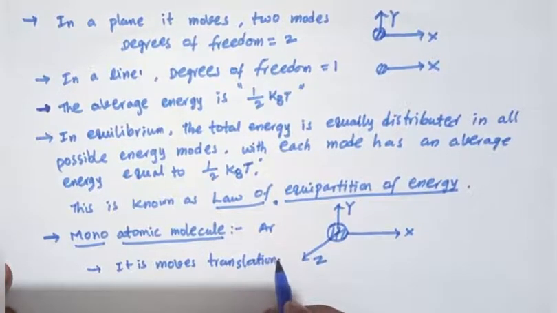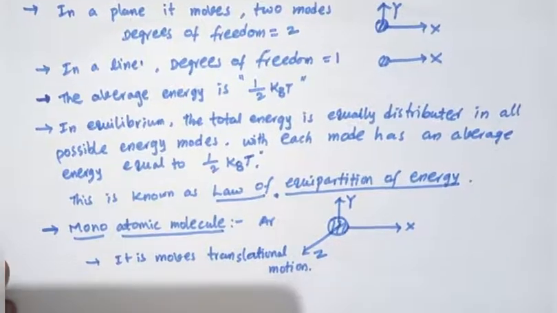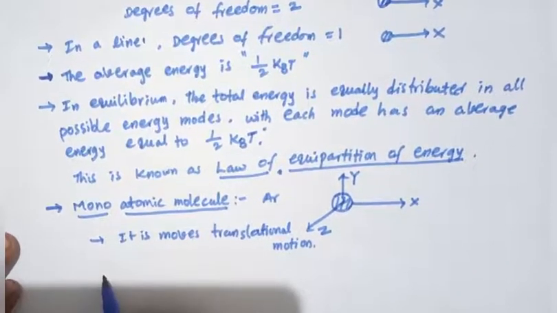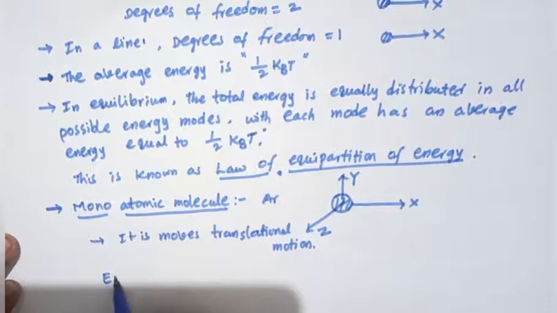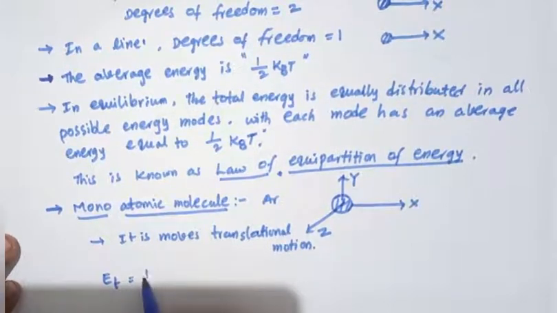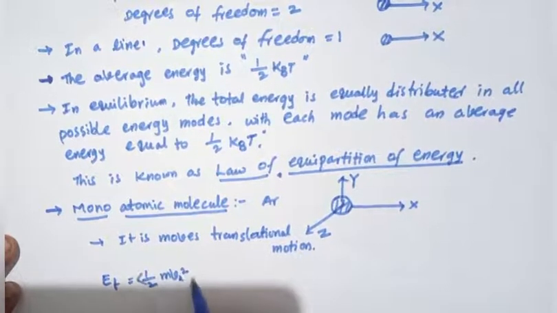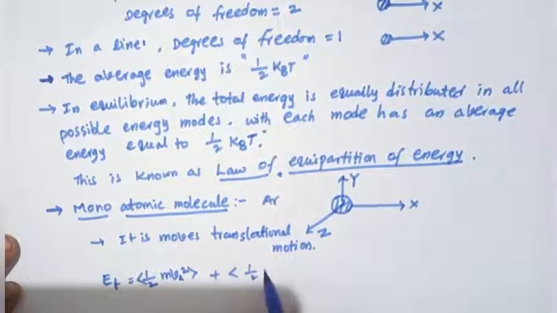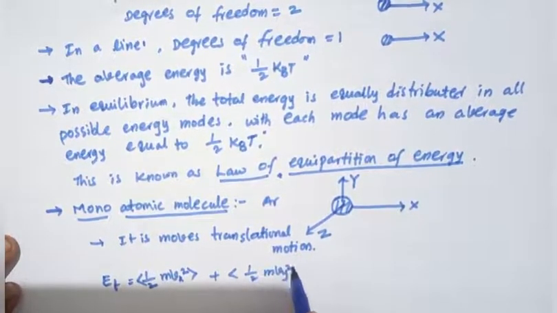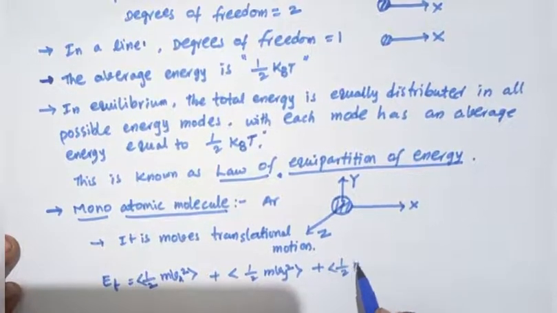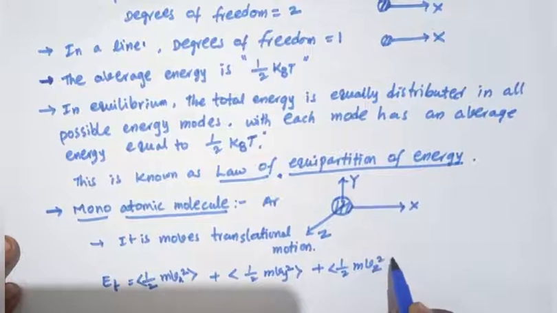For translational motion, E_t equals half m vx square plus half m vy square plus half m vz square.